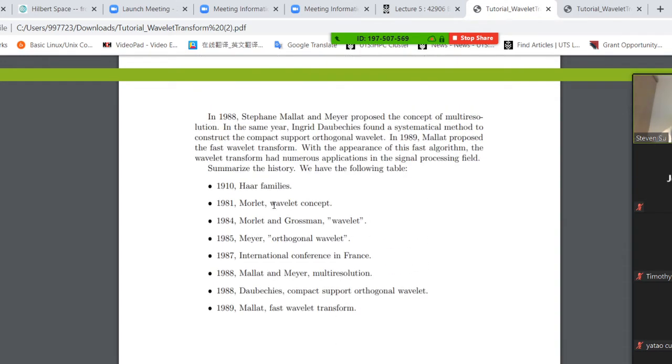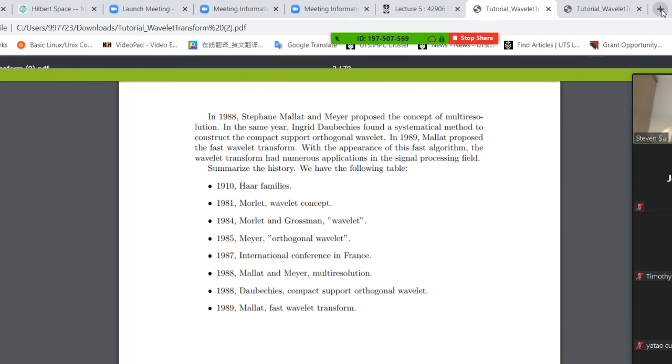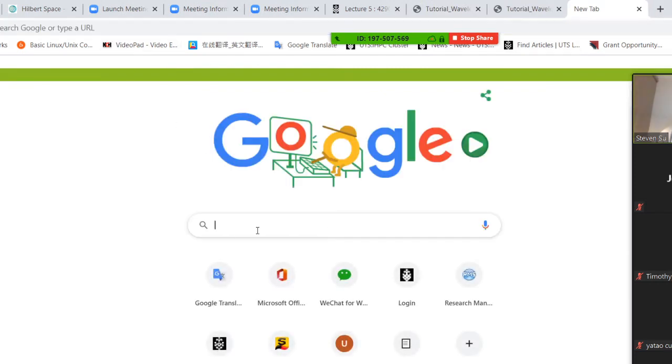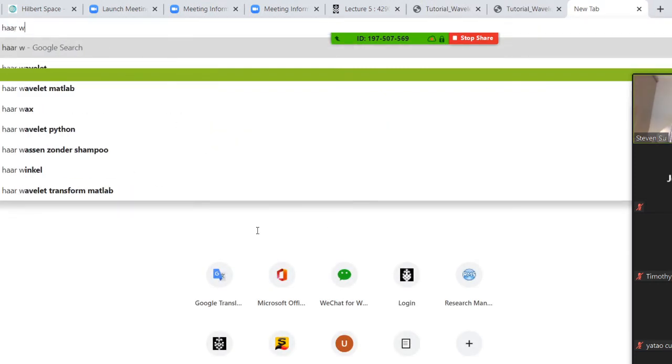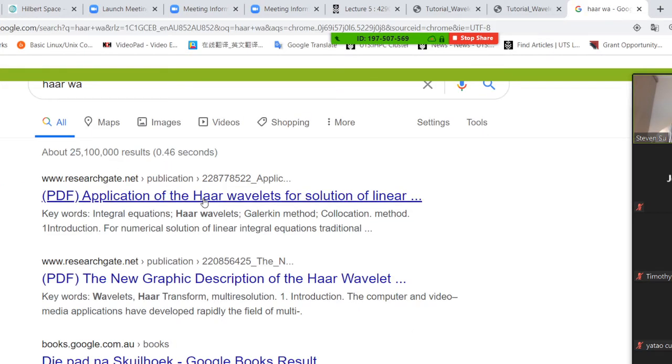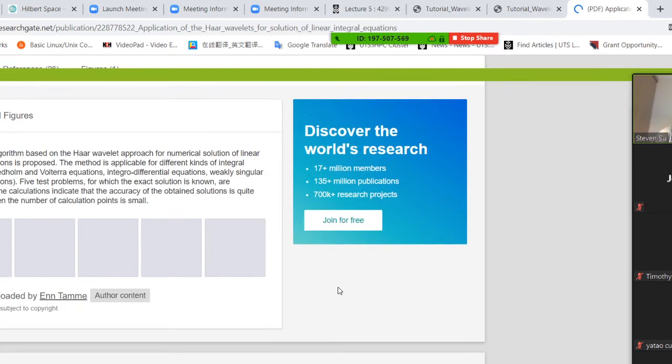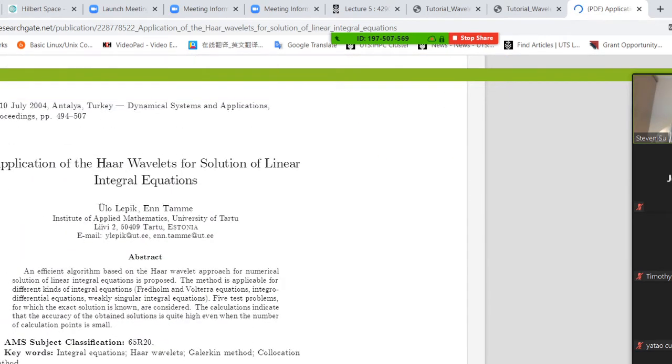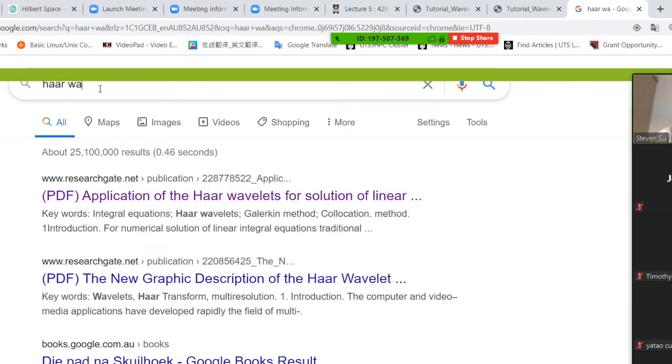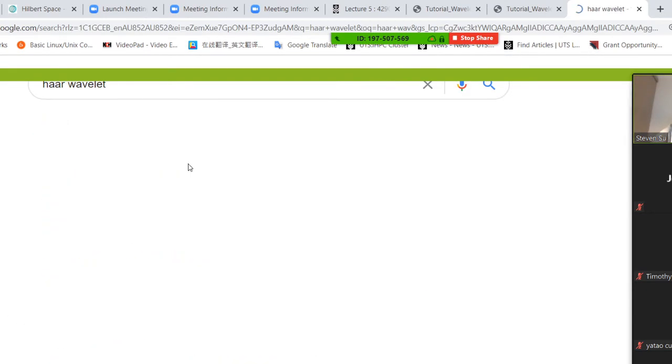The wavelet is very simple. Actually, it's just like a rank function, a two-rank function, like a sinusoid but with two ranks merged together. You can search on the website for Haar wavelet and see what it looks like.